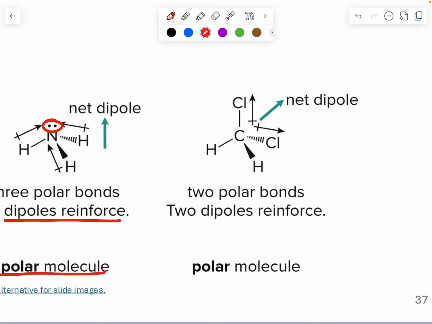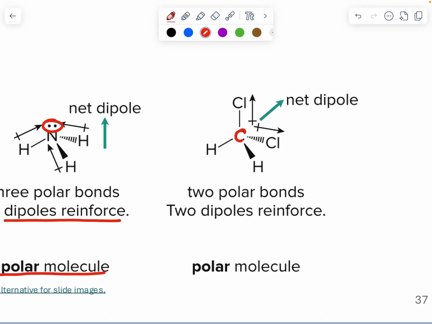Another way to tell that this is a polar molecule is to look at the central atom and to see what groups are attached to that central atom. And anytime you have different atoms, so here we have hydrogen, Cl, and Cl, we know that there is an electronegativity difference between Cl and C, and so that's going to give us a polar compound.